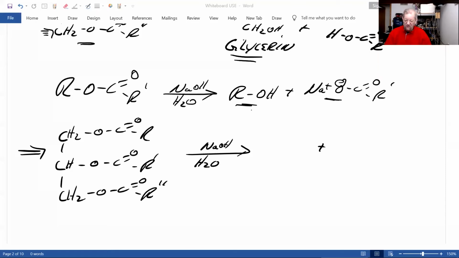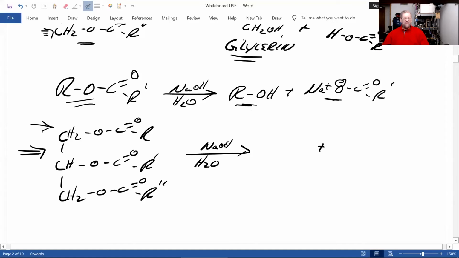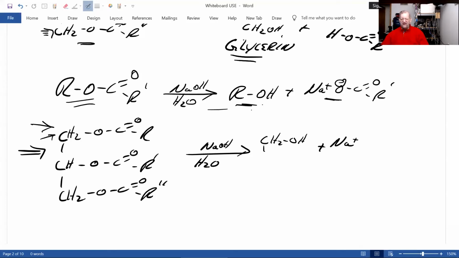All right, what do we have here? A triglyceride, which is 3 esters. Here's the general reaction of saponification of an ester. What do you get back? Ester number 1, you get back this alcohol plus this carboxylate anion.